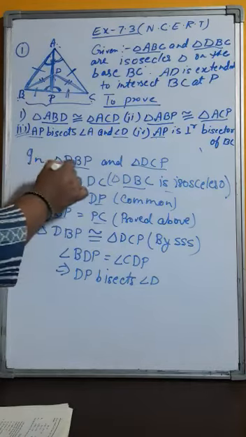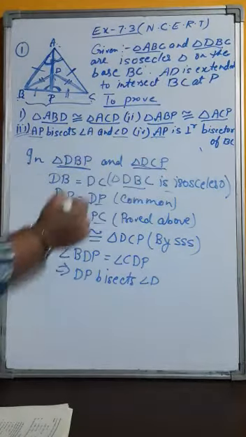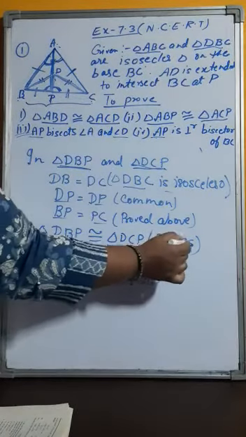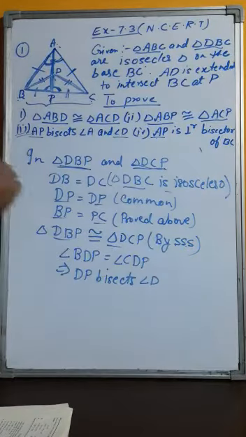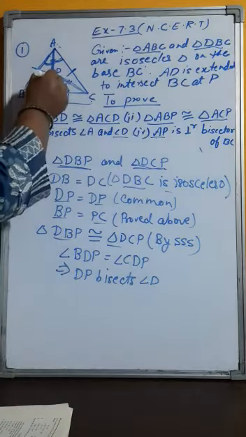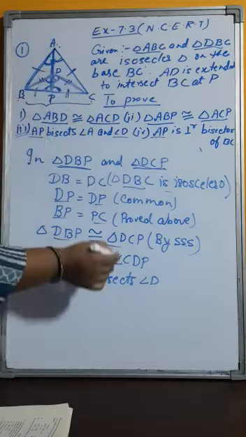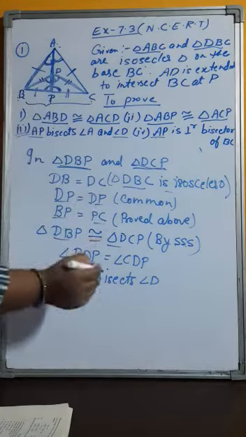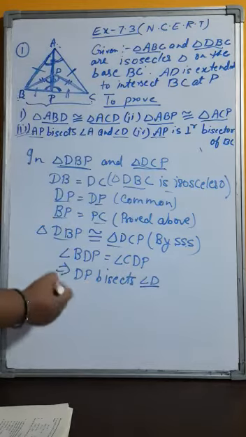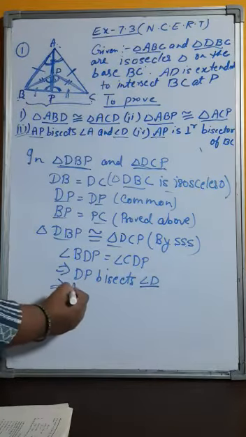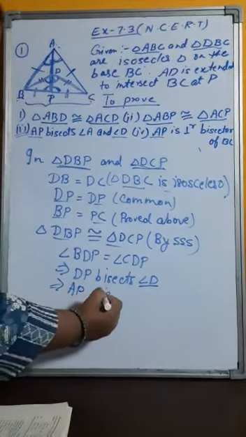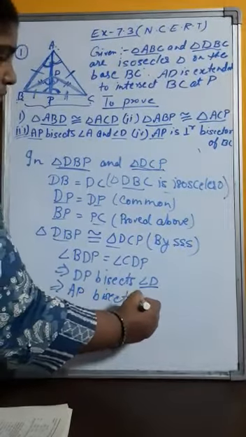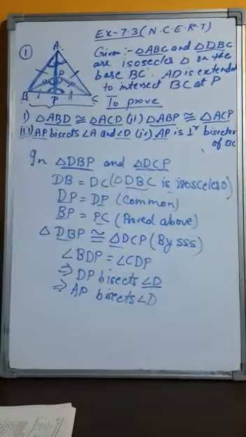So triangle DPB is congruent to triangle DPC by SSS congruency. So we can write angle BDP will be equal to angle CDP, which shows that DP bisects angle D. So the produced part, AP, bisects angle D. So all the four parts of this question are proved.